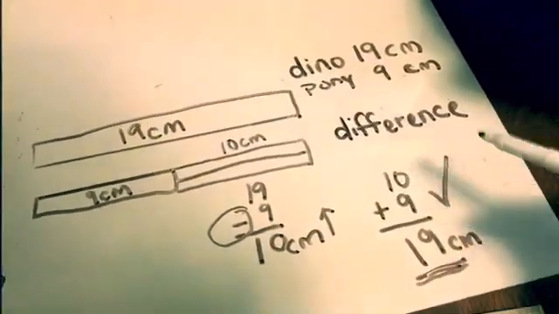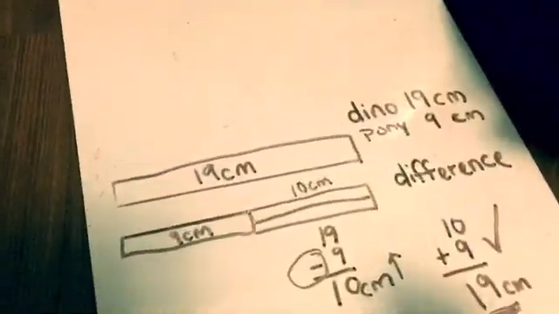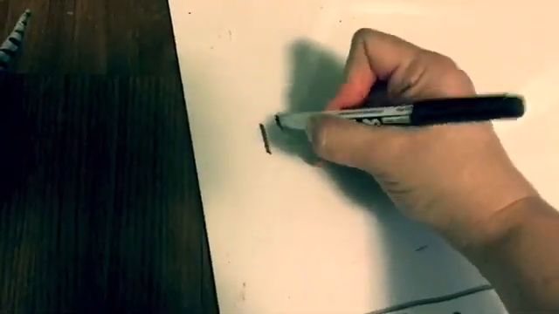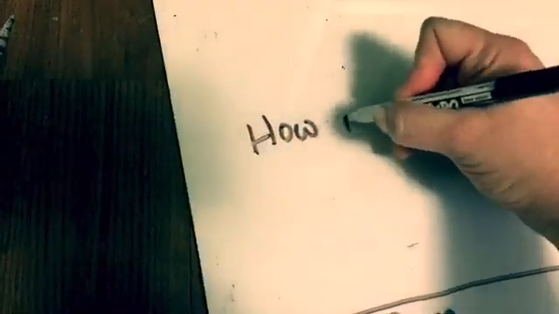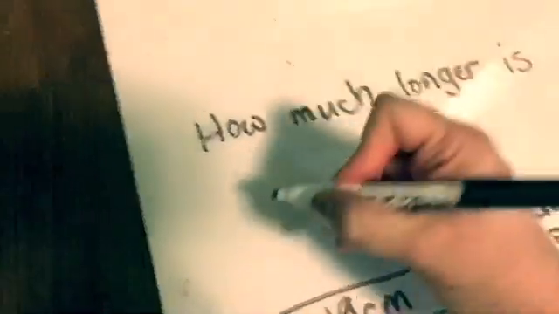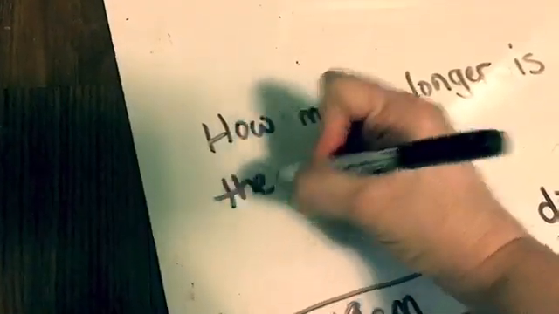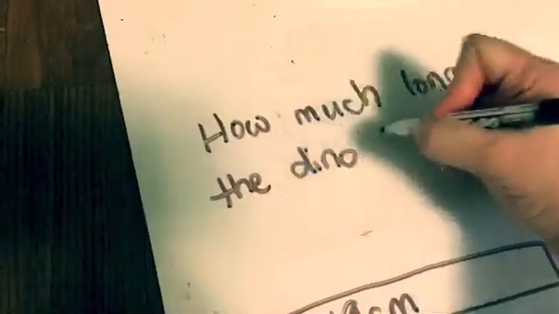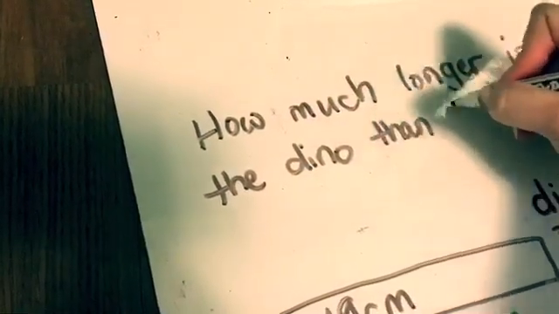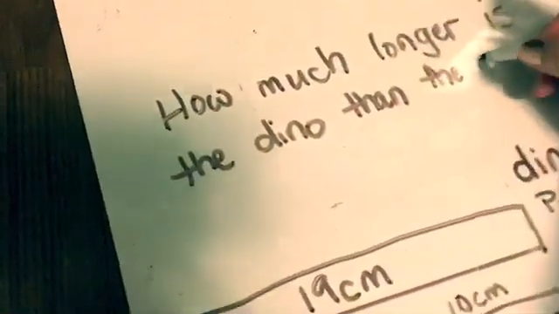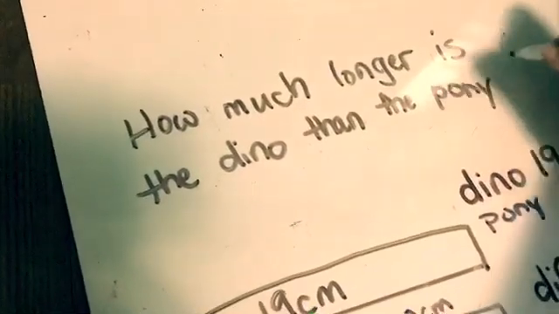Okay, so the kind of question that you might see with this in a story problem would be, how much longer is the dino than the pony? Or like I said, what is the difference between them?